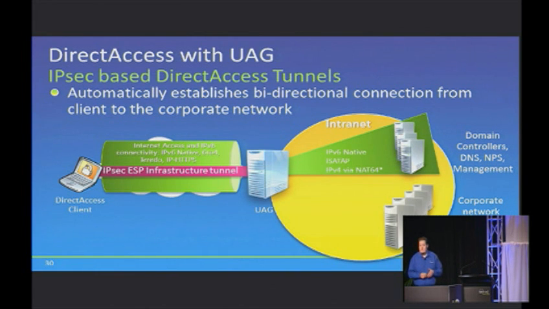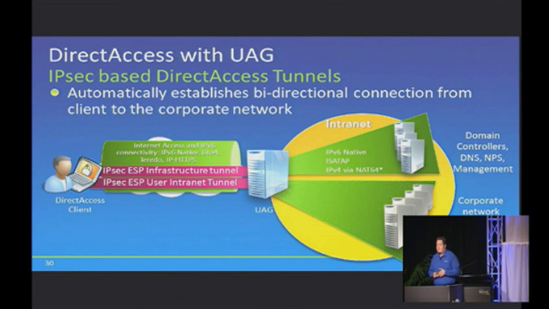And the second tunnel is established when I'm logging in using my own AD credentials. That's also using an IPsec tunnel, and as you can figure out, the purple tunnel goes to the edge, and then later on the IPv6 connectivity is used, so that's plain traffic, whatever you are using.